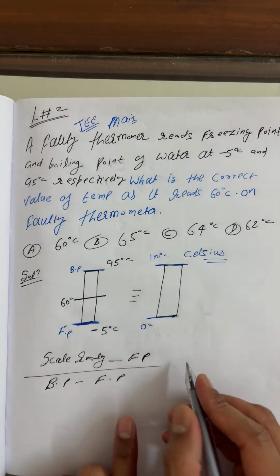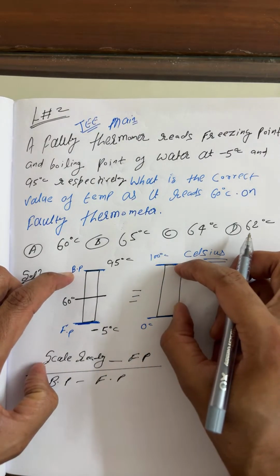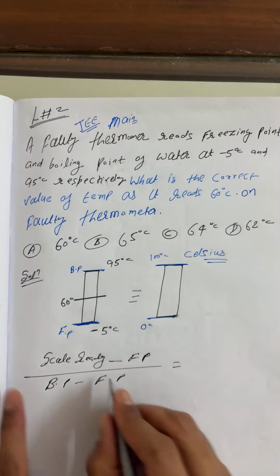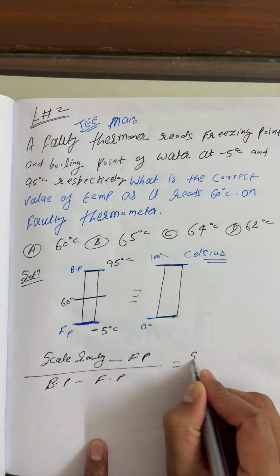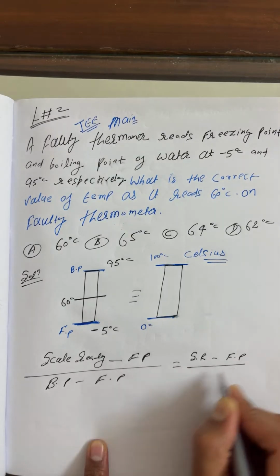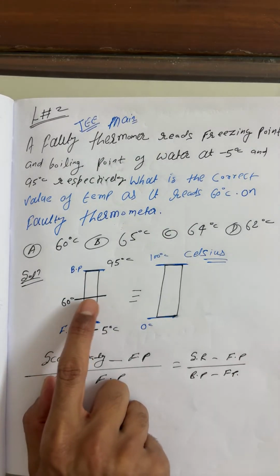Note down this data once, then compare from here only, because this is the real Celsius scale. It is equal to the same formula: scale reading minus freezing point upon boiling point minus freezing point.